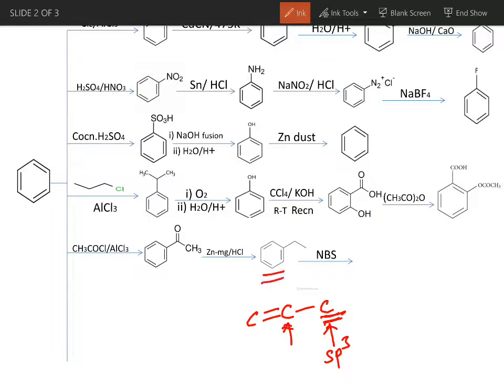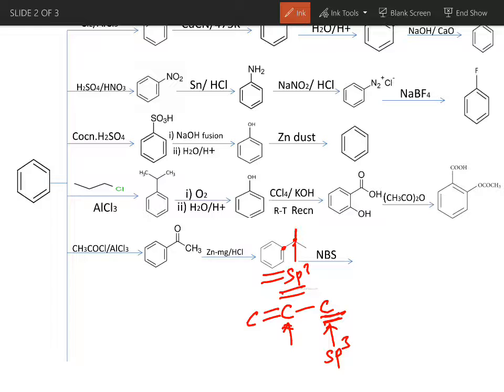In benzene, all the carbon atoms are attached by double bonds, whereas in the side chain, this carbon is adjacent to the double bonded carbon and has sp3 hybridization, which is called an allylic carbon. In this case, this carbon is called a benzylic carbon. So a double bonded adjacent carbon with sp3 hybridization is known as an allylic carbon, and here it is acting as a benzylic carbon. NBS is used for bromination at the allylic or benzylic position.